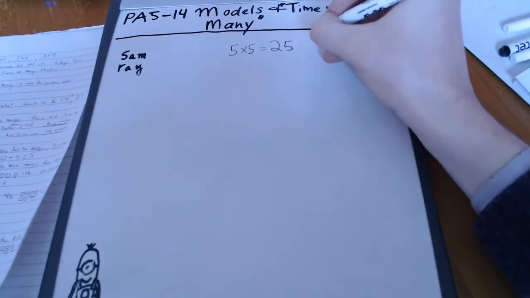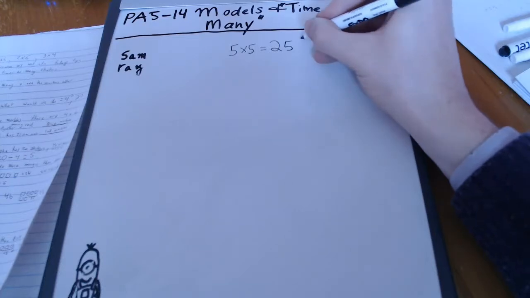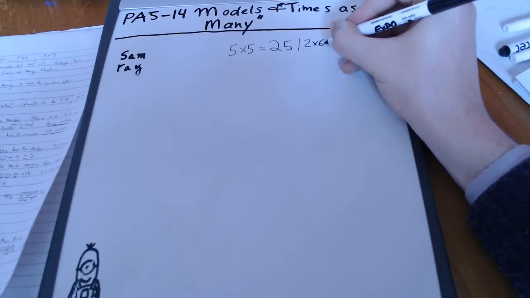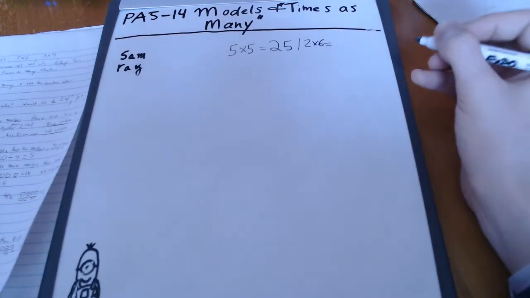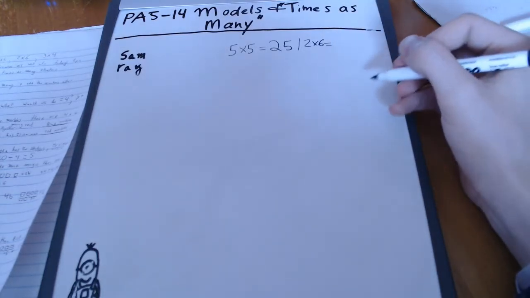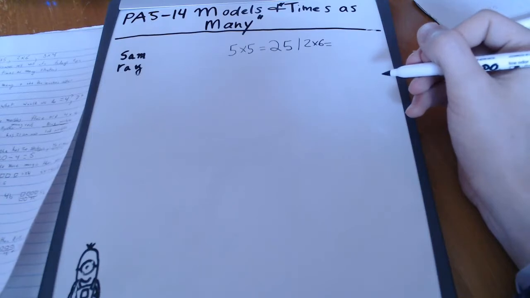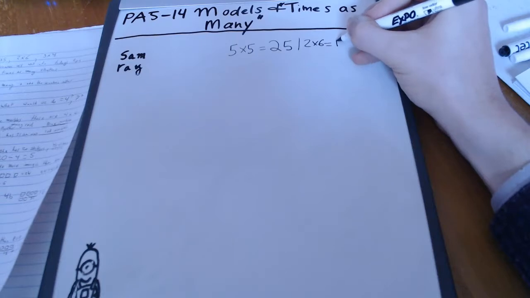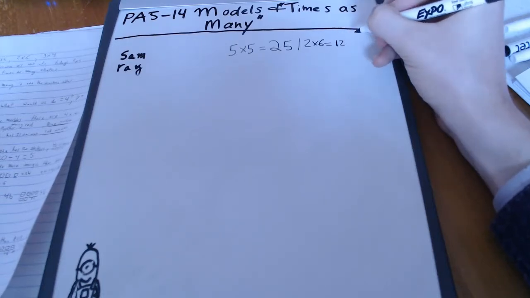Now, if I were to give you, let's say here, 2 times 6, what does that equal? So you have 2 6s basically together. What do you think that equals? Yeah, you're probably right if you guessed or knew 12.